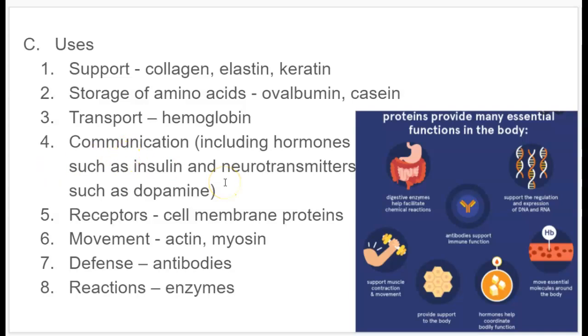Communication, because it's involved with hormones, which are basically signals that are sent throughout the body to different receptor organs. They're structural parts of receptors themselves. They're part of movement when we talk about muscle cells, so actin and myosin fibers. They're part of the immune response, and then they're also, of course, part of cellular reactions.